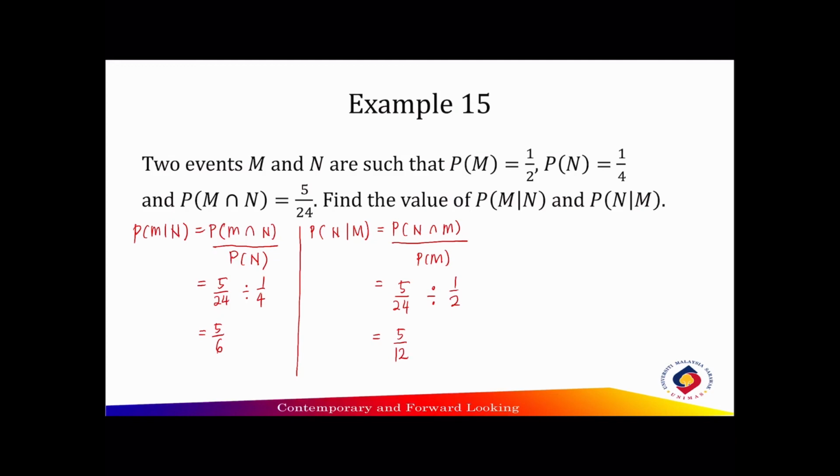So if we want to compare the probability of M given N and N given M here, even though we can see that P(M intersect N) is equal to P(N intersect M), because this is just the intersection of M and N, from these answers we can see that P(M given N) is not equal to P(N given M).